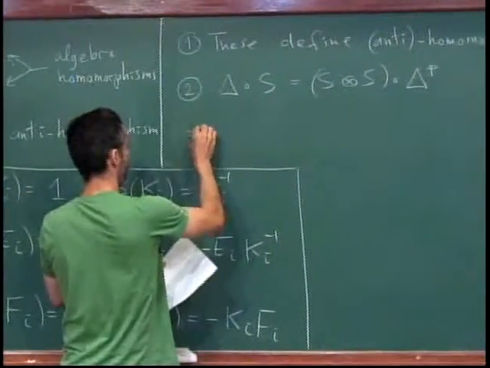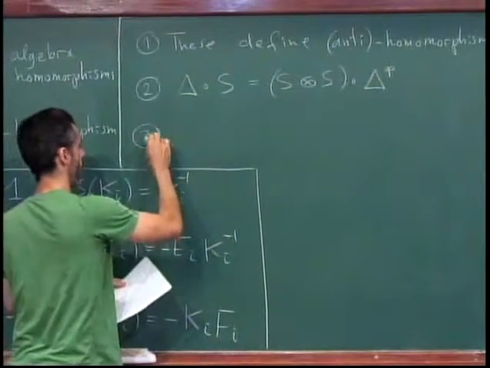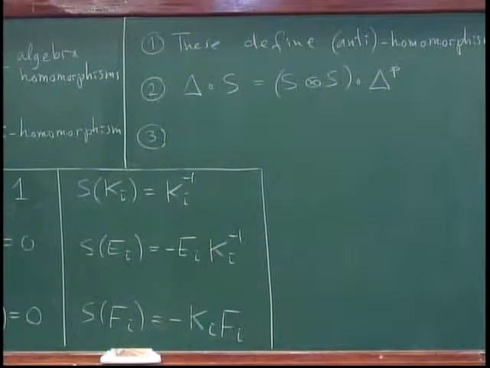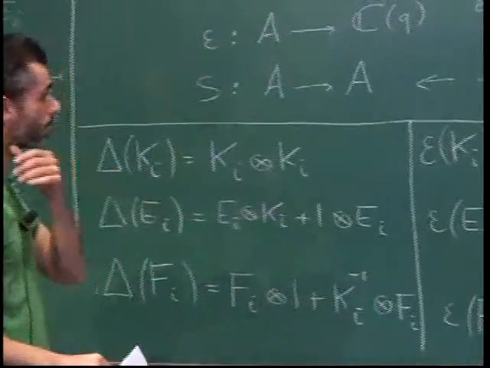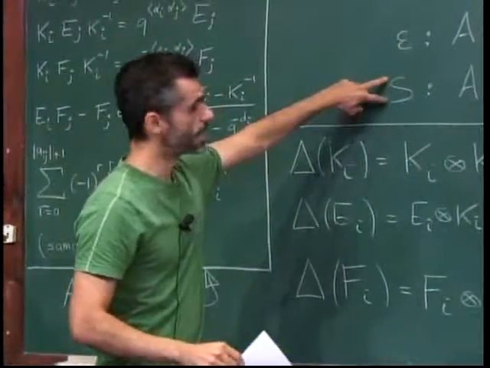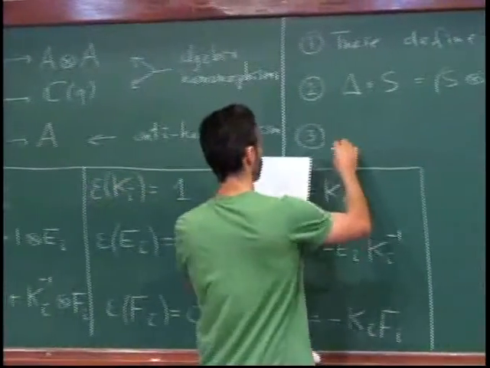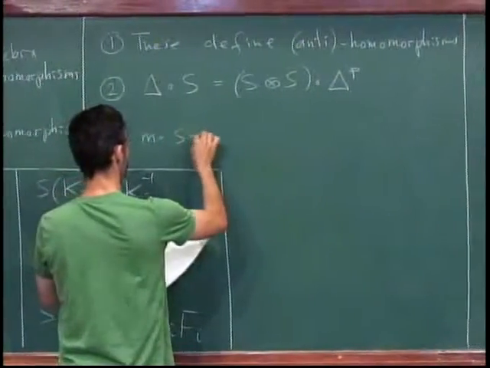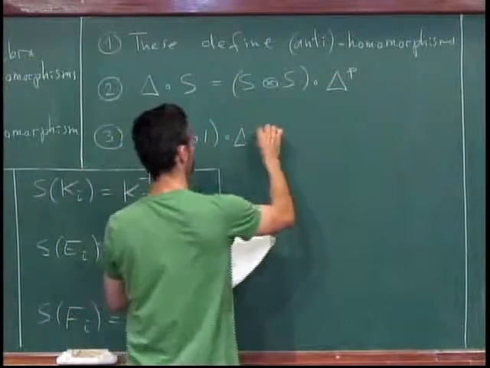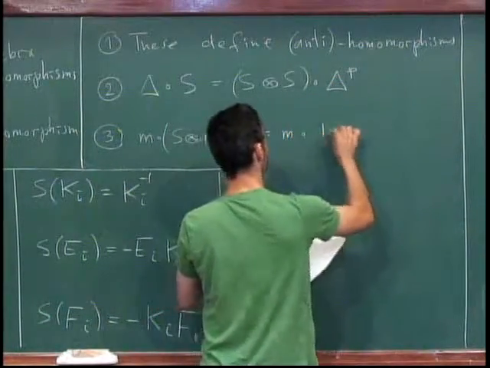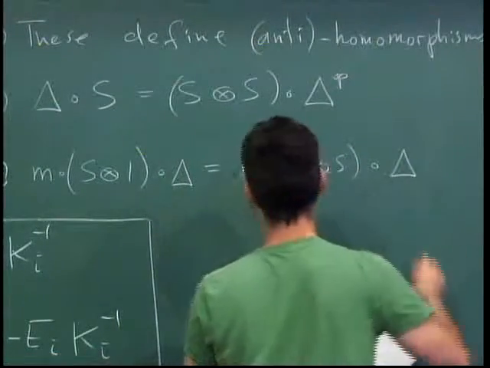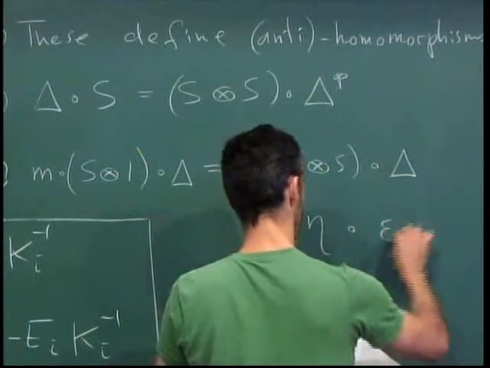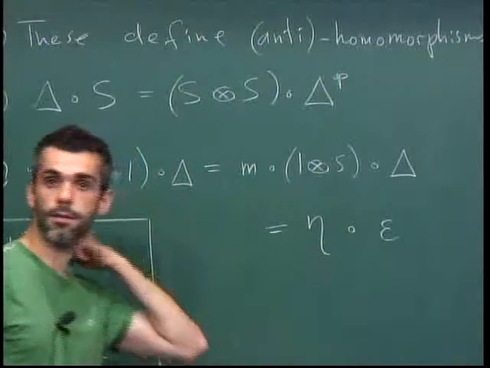And then there's the relation that says this is an antipode, which is, well, if I call M the multiplication on A, then M composed with S tensor 1 composed with delta should be equal to M composed with 1 tensor S composed with delta should be equal to, first do the counit and then do the unit.